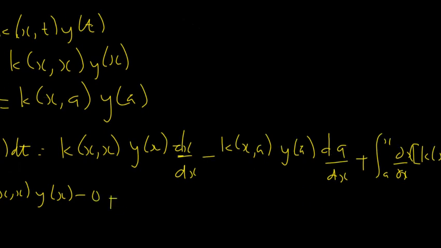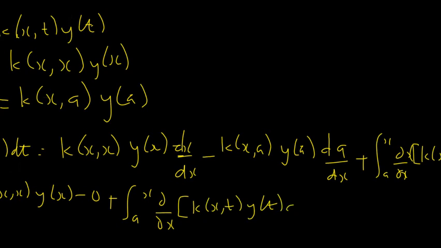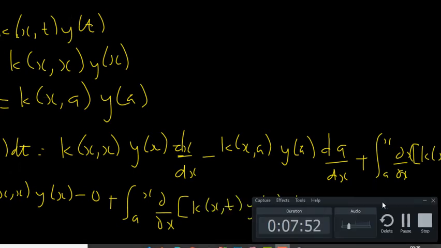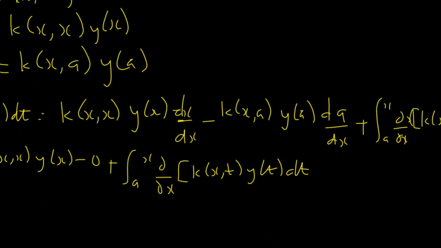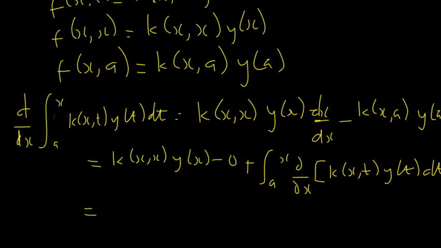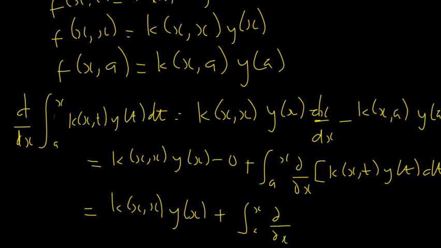So you have minus 0 plus the integral from a to x of del x of k of x t y of t dt. So we can put this whole thing right over here.